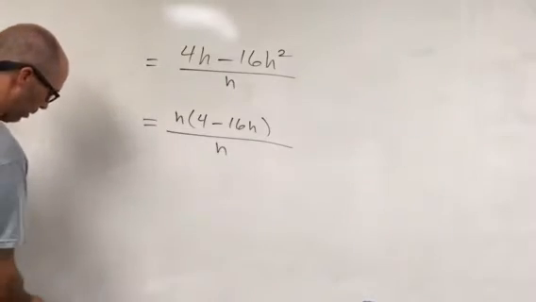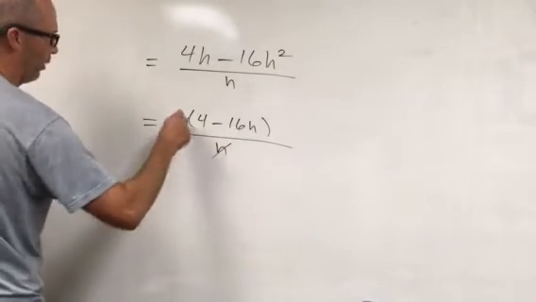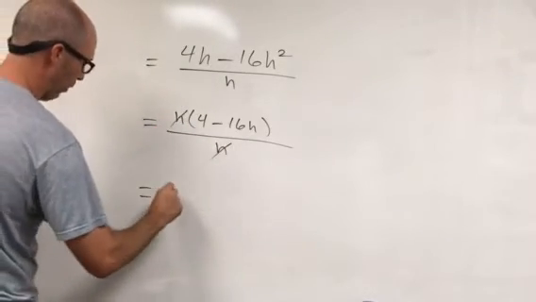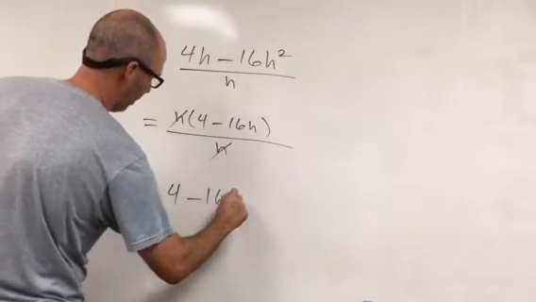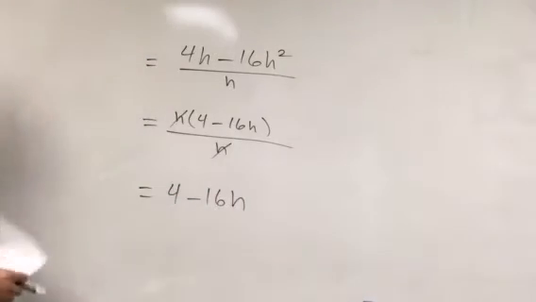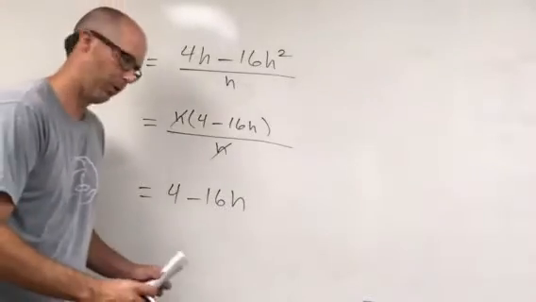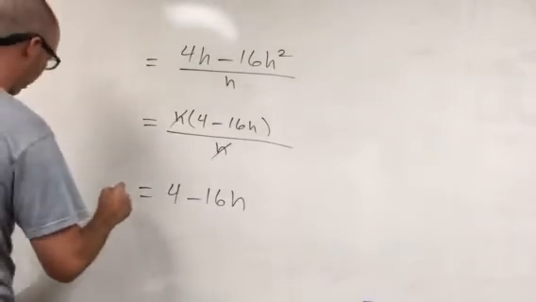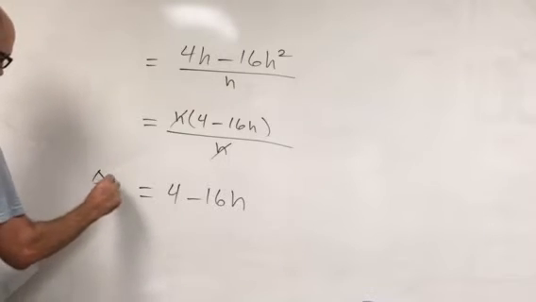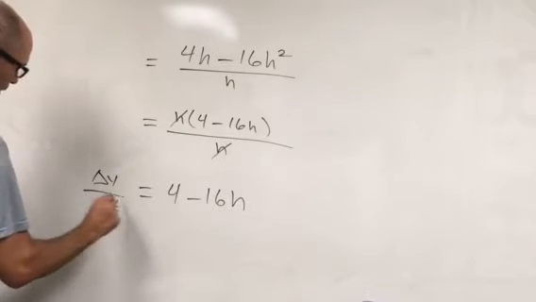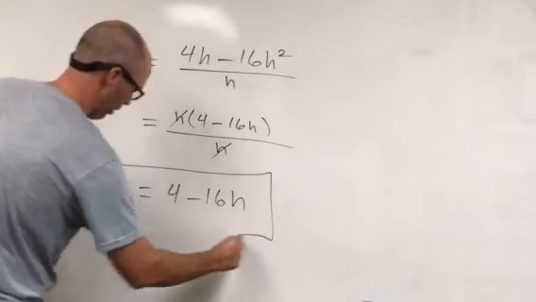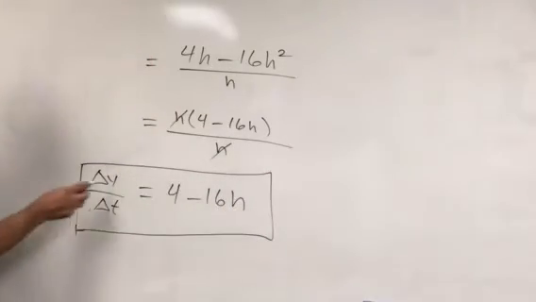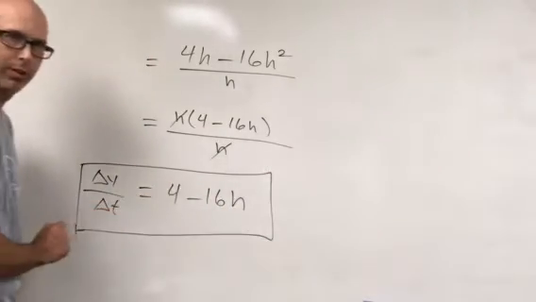Cancel, cancel, and we're left with 4 minus 16h, which is the correct answer. So the first little box there, change in y over change in t, is 4 minus 16h.